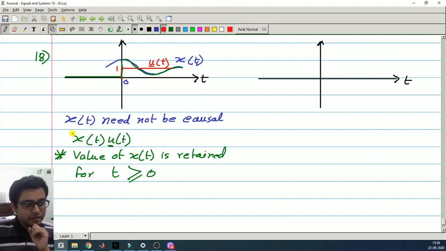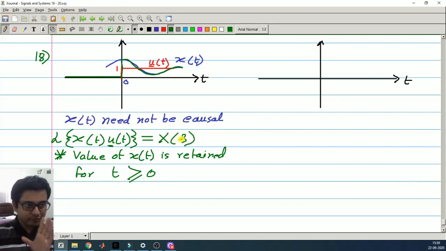Now suppose the Laplace transform of this product is given as capital X(s). Then let us consider the signal dx/dt.